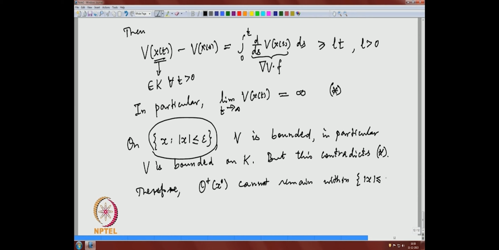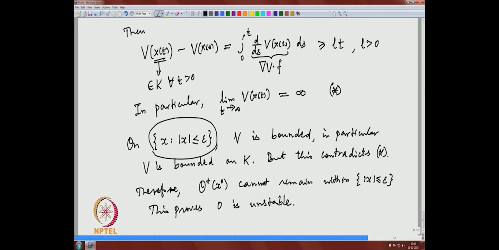So, now you again go back and see the definition of instability, and this proves zero is unstable. Okay.